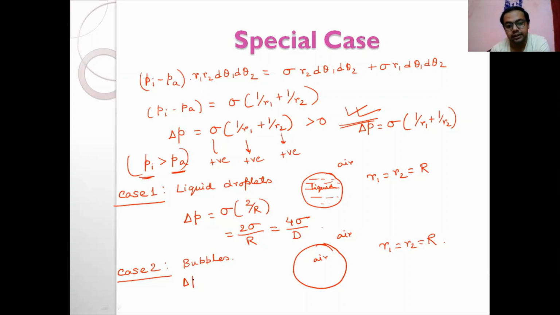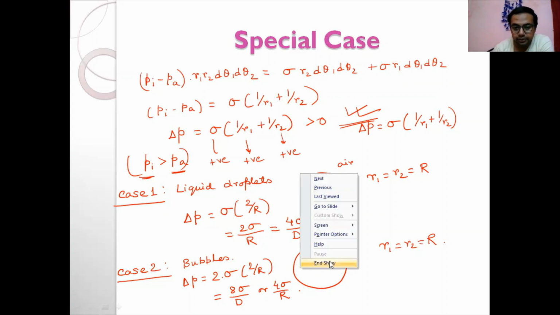Hence delta P is twice the surface tension into 2 by R, so we get 8 sigma by D, or 4 sigma by R. It is just double. Why is it double? Because the liquid layer with the outside air gives one surface tension, and the liquid layer with the inside air gives another surface tension. That is case 2.